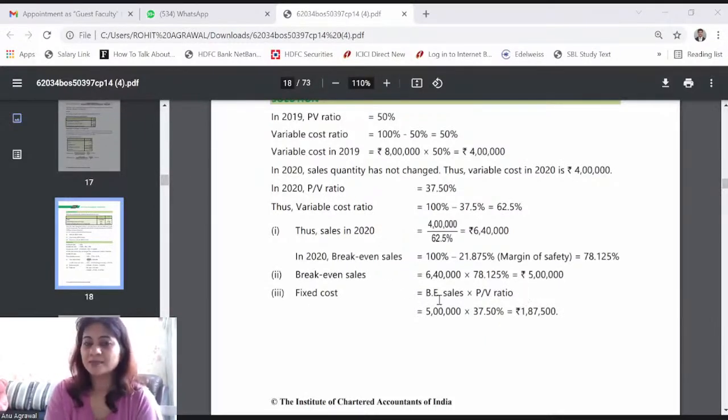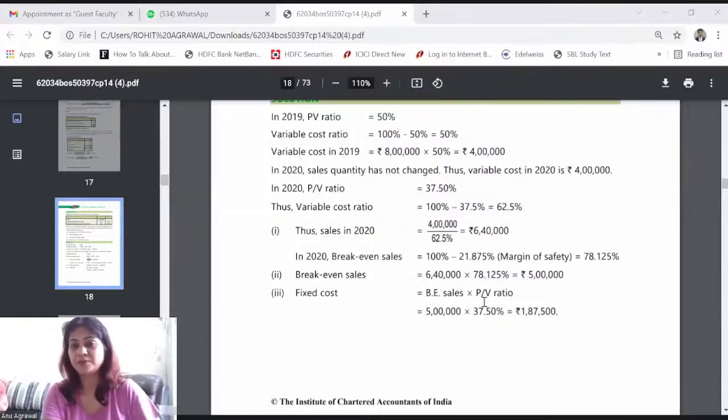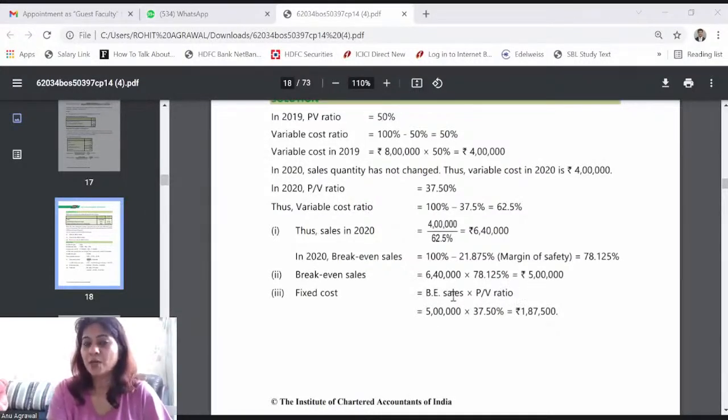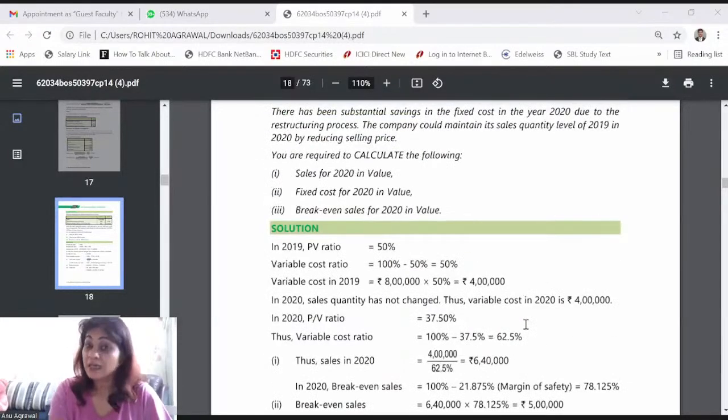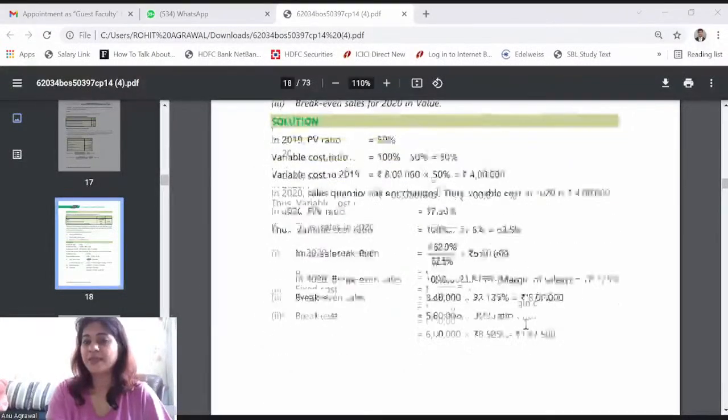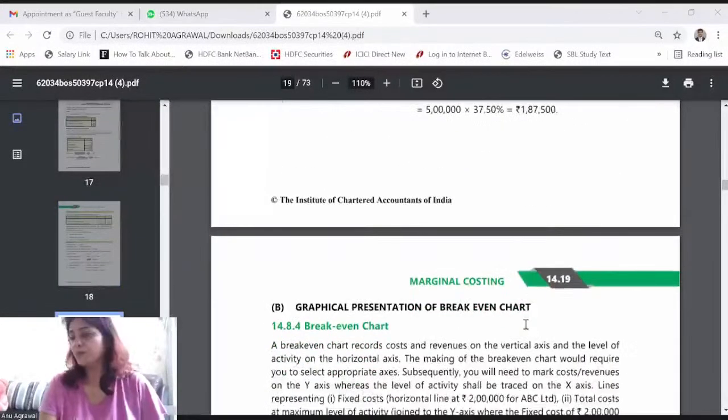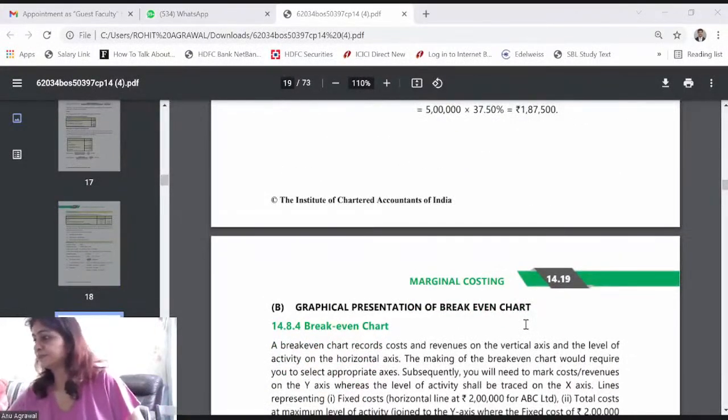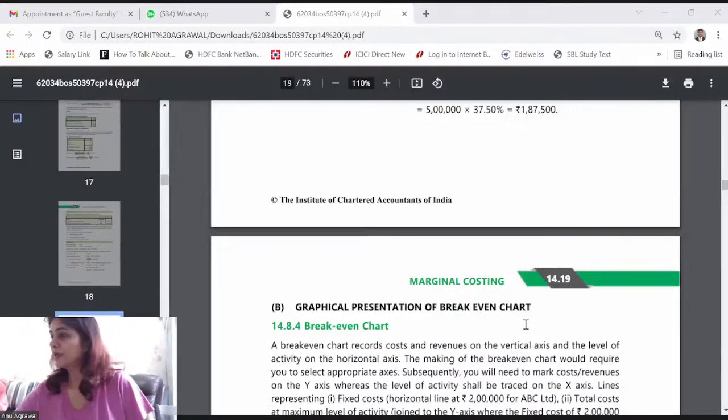From the break-even sales, you multiply and find out your PV ratio. The contribution at break-even sales is nothing but your fixed cost. And so you come to know that earlier your fixed costs were 2,40,000 and now they are 1,87,500. Am I good? Right.